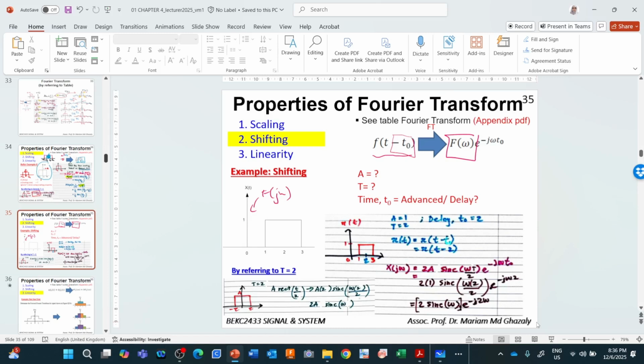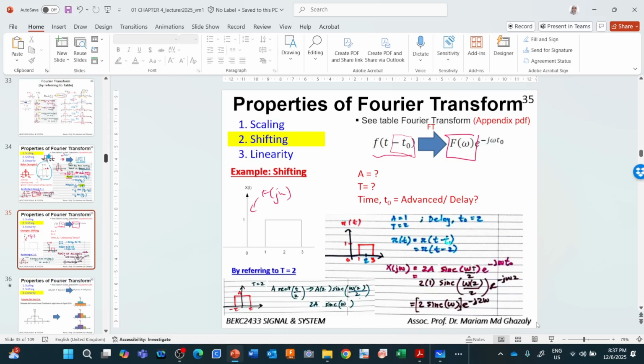Basically, you need to find what is X(omega). And you see that, oh, you have a rectangular signal. But you know that if you are planning to use the Fourier transform table by comparing it with the table, you need to make sure that the rectangular signal is in the center at 0 point.